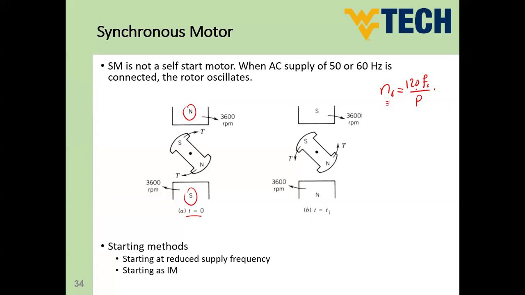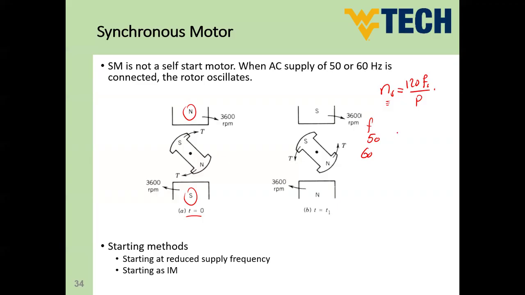All supply frequencies around the world are 50 hertz or 60 hertz. And the number of poles can be 2, 4, 6, and so on.